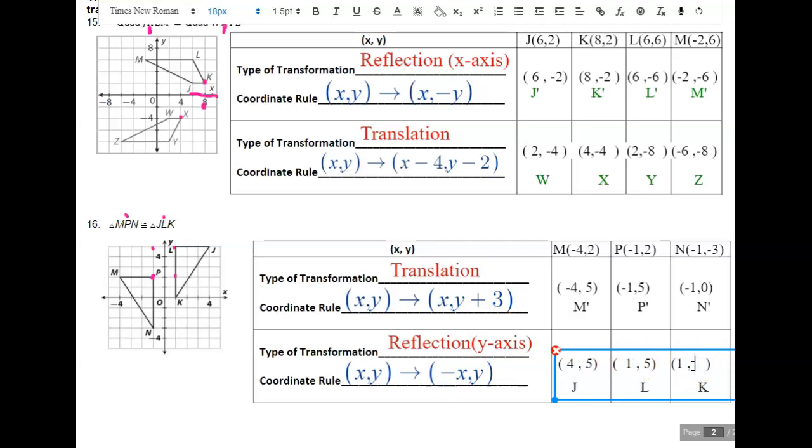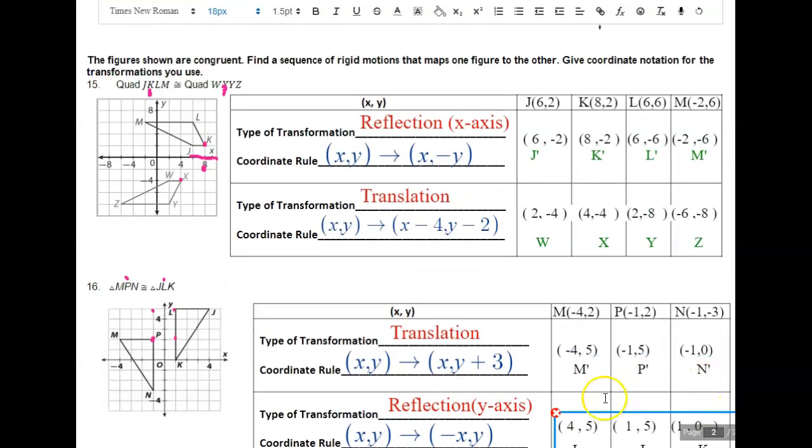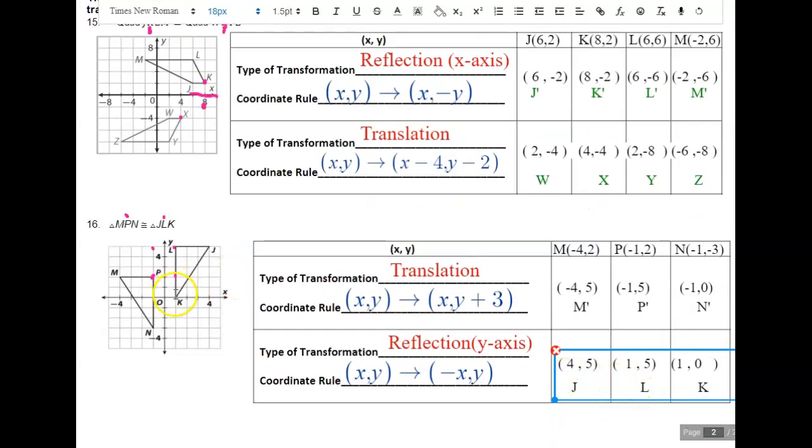One, 0. Yep. And we double check these. So 4, 5. Looks like right there, perfect. 1, 5, perfect. And 1, 0, perfect. So those look like they all line up.